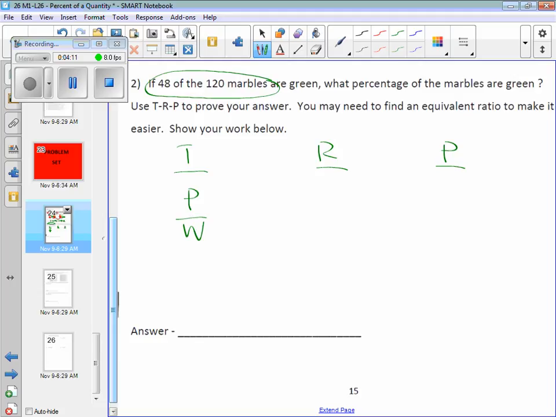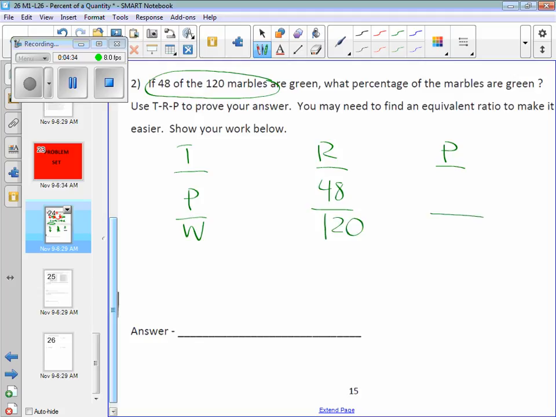Look for keywords. Do you see the word percent anywhere in there? No. So that automatic conclusion, it's got to go where in the template, ratio or percent? So, correct. My part is what, my whole is, we're halfway home.